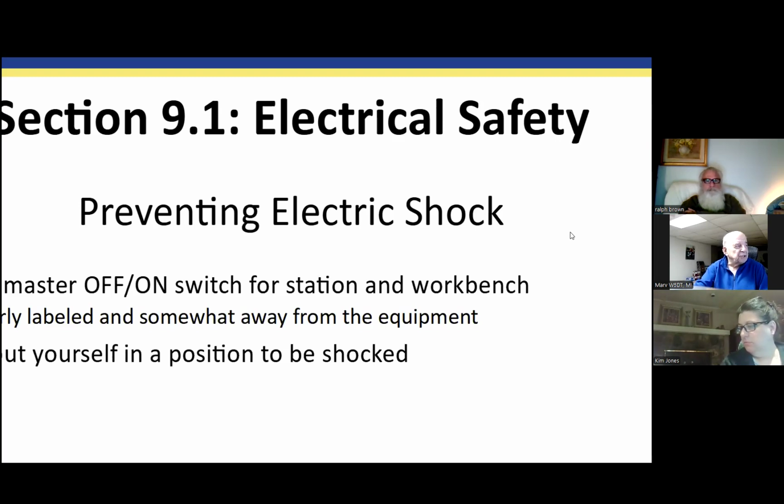You should have a master off and on switch for the station and a workbench, and have everything clearly labeled. And obviously don't put yourself in a position where you can be shocked.